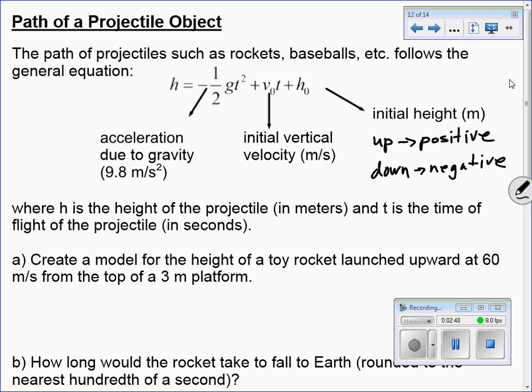So if you look at the first part of this equation here, you'll notice that we have negative 1/2 gt squared. If you think about it, the acceleration due to gravity is about 9.8 meters per second squared, right? But what's happening is that entire quantity is negative. It's acting against anything that is moving up to pull it back down.